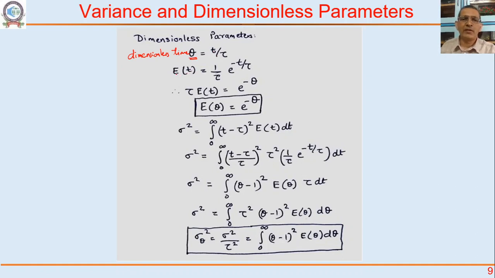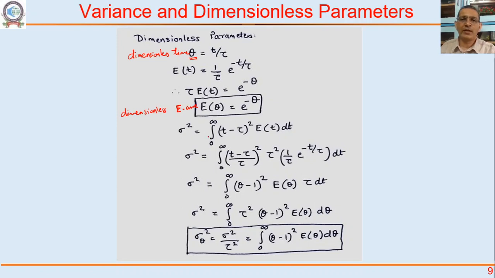Our E(t) is 1 by tau e raised to minus t by tau, so this becomes e raised to minus theta. Then I can bring this tau here. Tau E(t) we would call the dimensionless E curve.